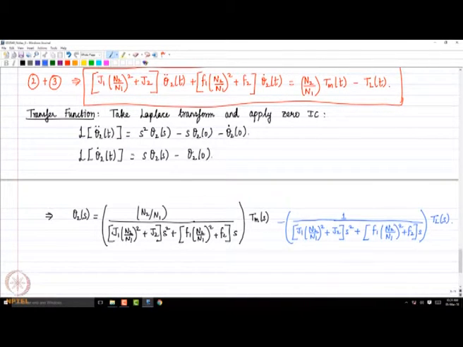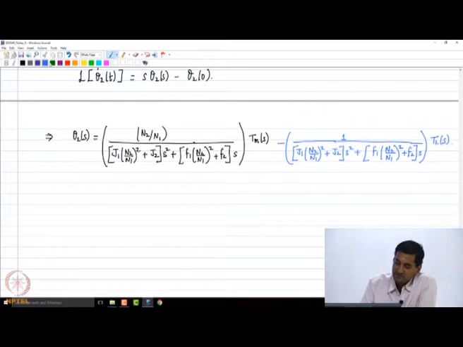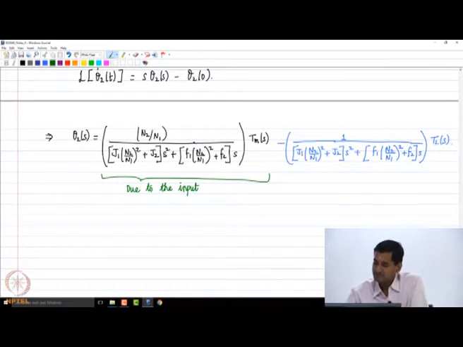So you see that finally the output of the system theta 2 has two components. The first term is the one due to the input. The second term is due to the load torque.